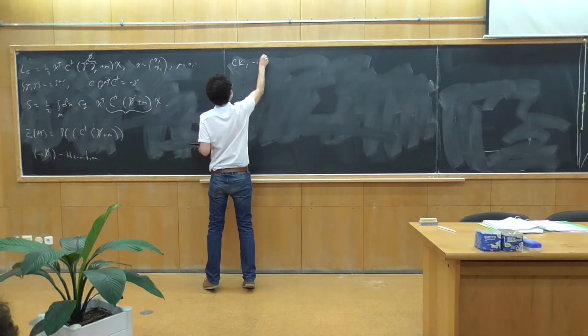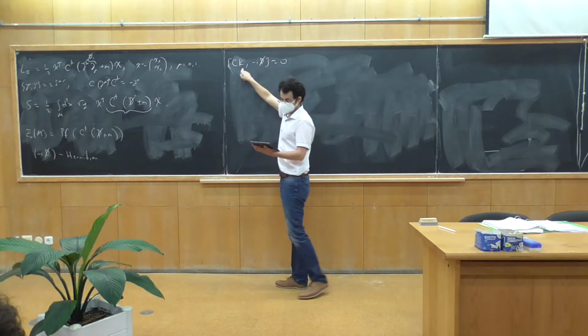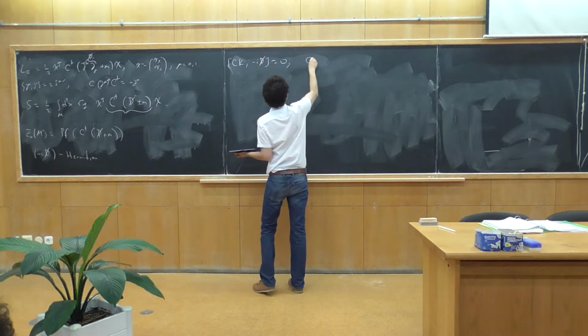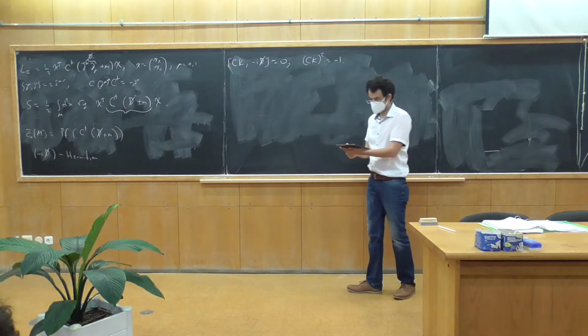K is just complex conjugation and commutes with minus i D-slash, and CK squares to minus 1.